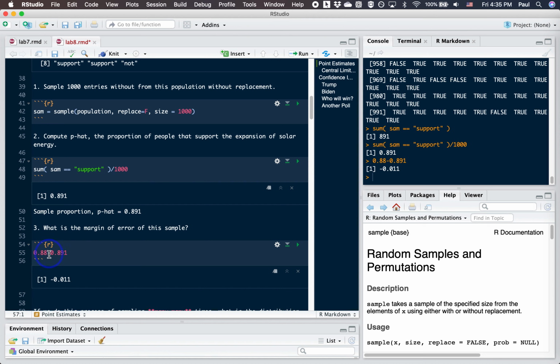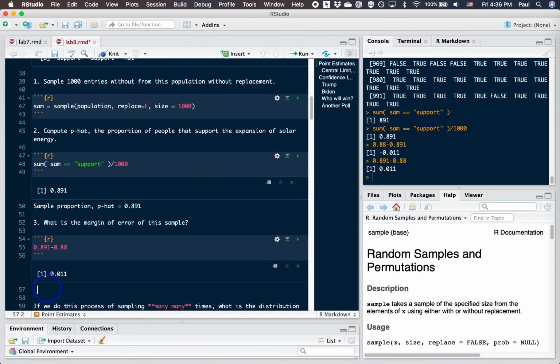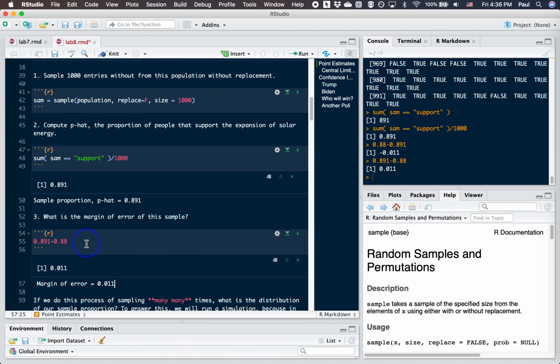I could have switched the order of this to make it positive. The margin of error is 0.011. That's how far my sample proportion was from the population proportion.